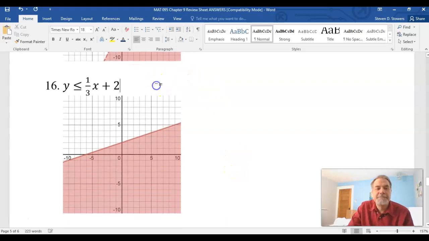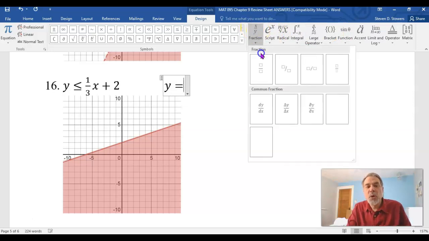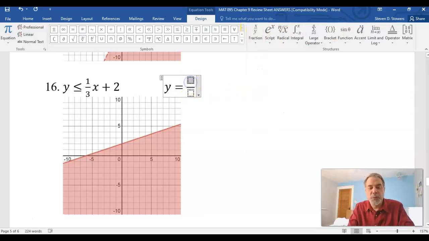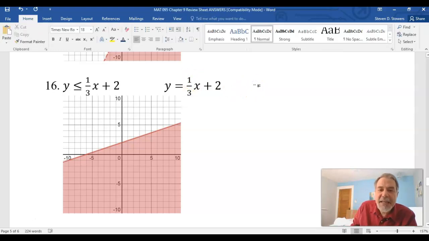Number 16. Here we would start by graphing the equation y equals 1/3 x plus 2. Now, because that is in slope-intercept form, y equals mx plus b, probably the easiest way to graph that line would be to start at the y-intercept 2, and then use the slope 1/3 to figure out where to go from there.